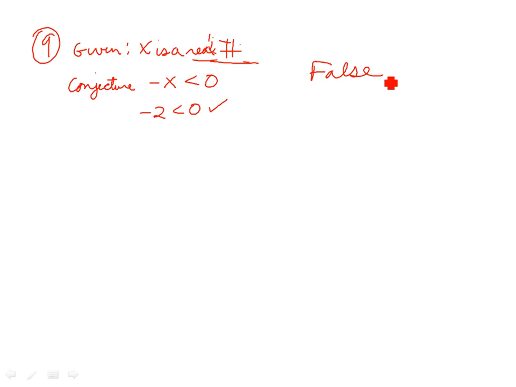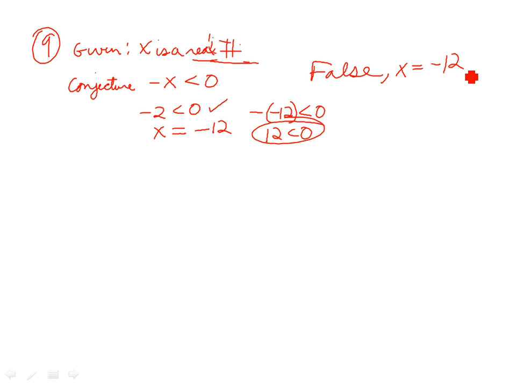So if x equaled -12, we stick that in there and we get the opposite of -12 is less than 0. Well, the opposite of -12 is +12, and that's not less than 0. So it's false. An example would be x equals -12. You didn't have to pick -12, it just happened to be what I picked.